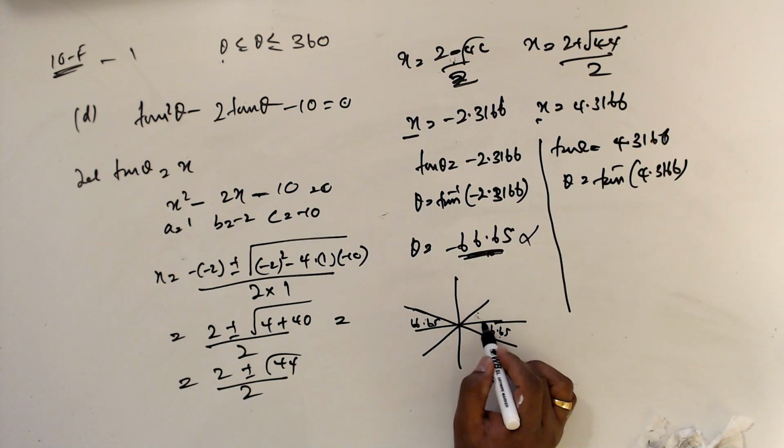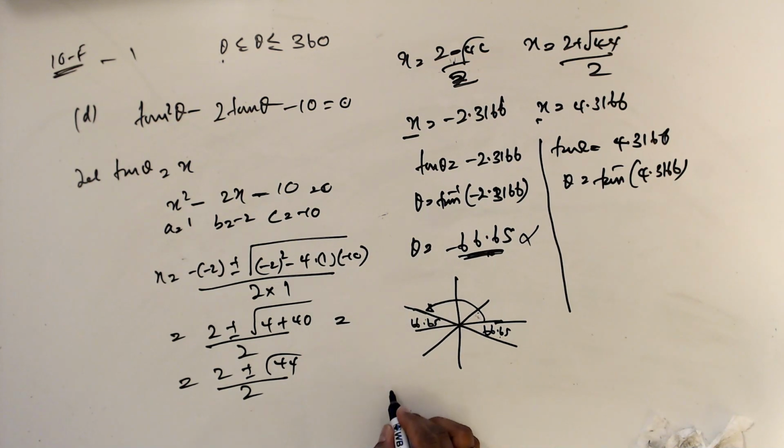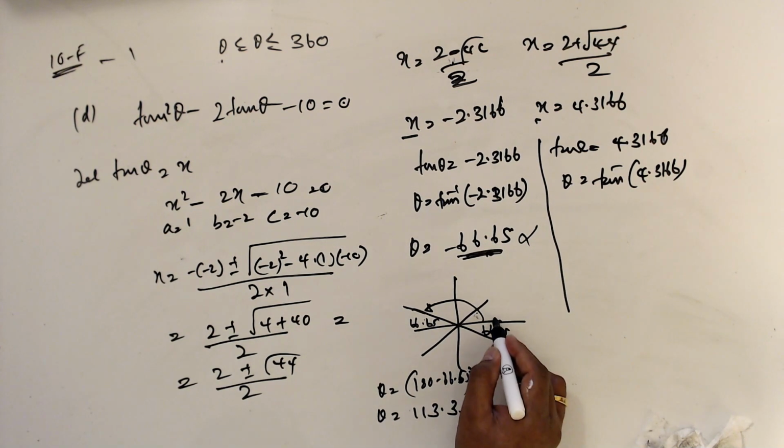Now the first angle is this one. It means theta equals 180 minus 66.65. So theta equals 113.35. The other angle is this one.